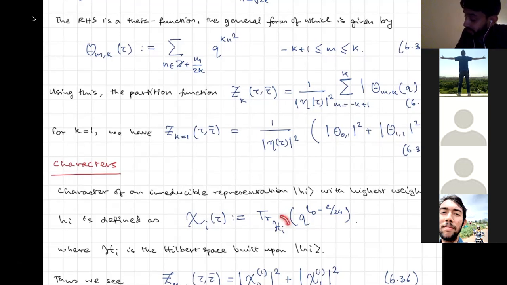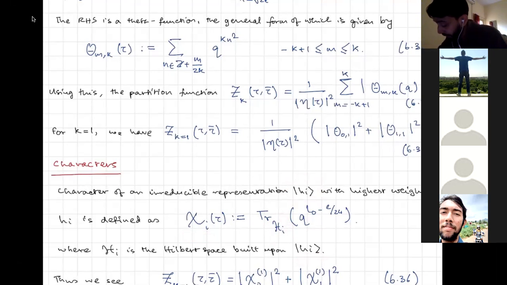Now this trace is not over all states of the theory, but only over those states which are built on top of this particular highest weight state. Okay, so the partition function, you remember, was a sum over all states. Here this particular thing is going to be the sum over these states which are labeled by h_i. So chi_i is the character with respect to h_i.